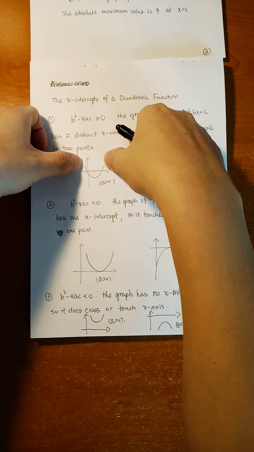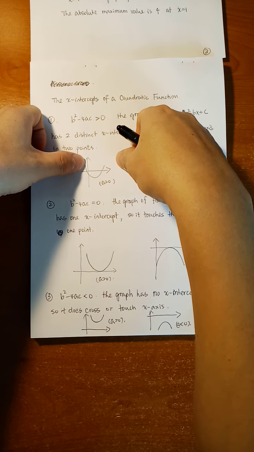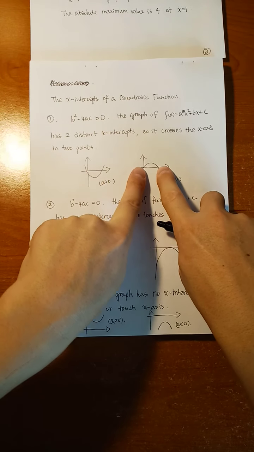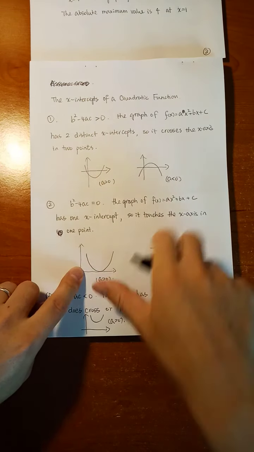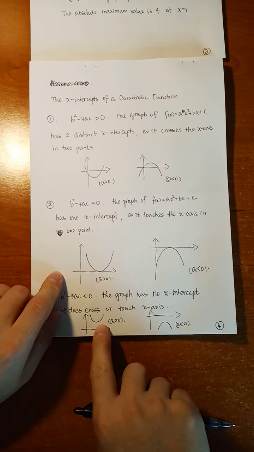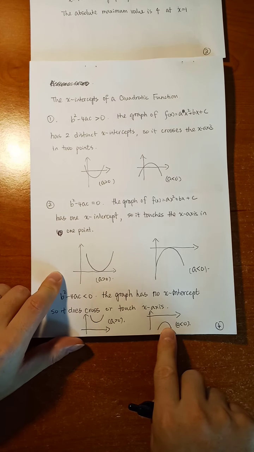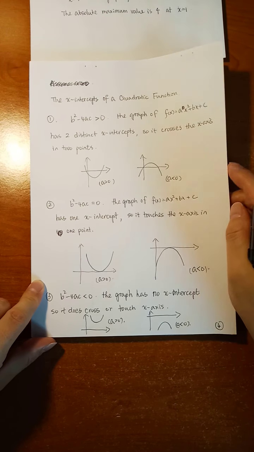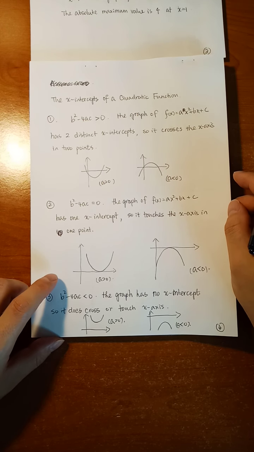Greater than 0 is either on the left side of the smaller x-intercept or greater than the bigger x-intercept. And here greater than 0 is between them. Less than 0 is on two sides. And here it's always greater than or equal to 0. This one is always less than or equal to 0. This one is always strictly greater than 0. This one is always strictly less than 0. Okay, so if you can memorize those 4 graphs, you can quickly determine the solution set of the inequality.